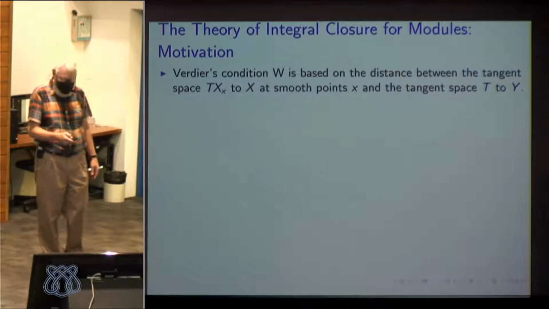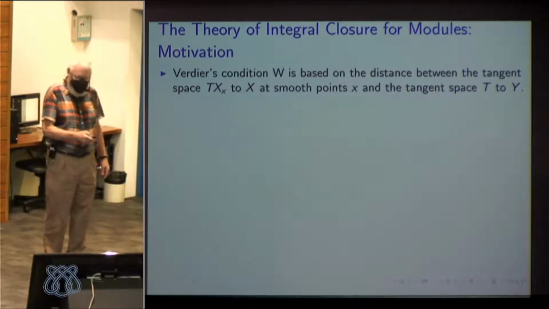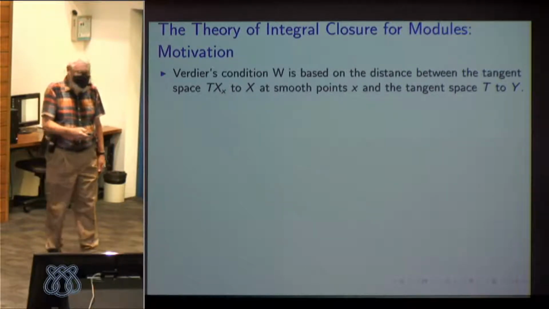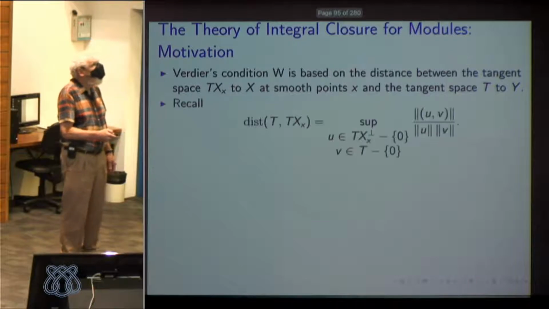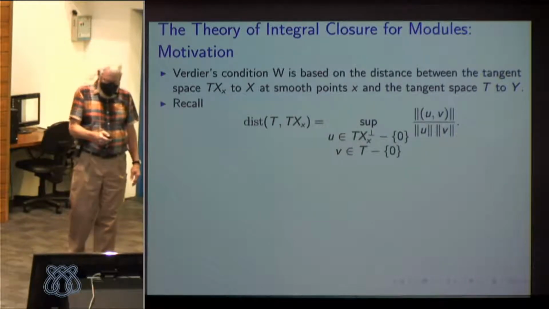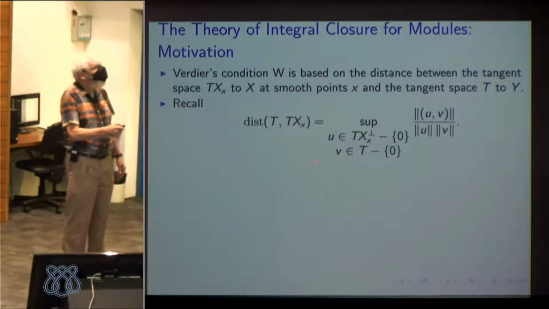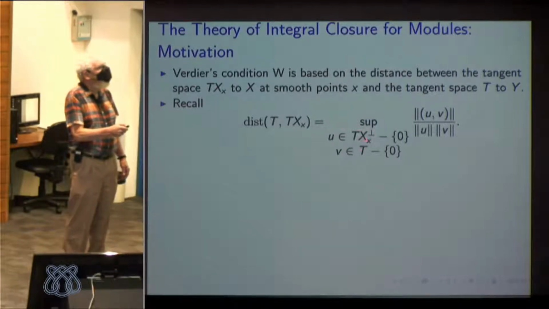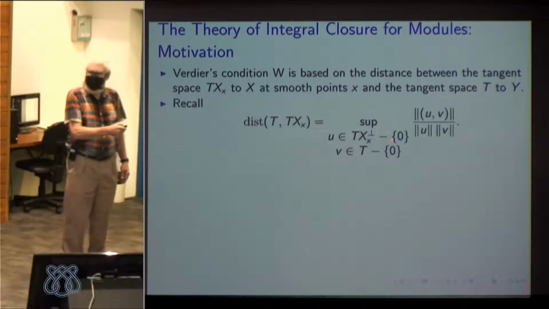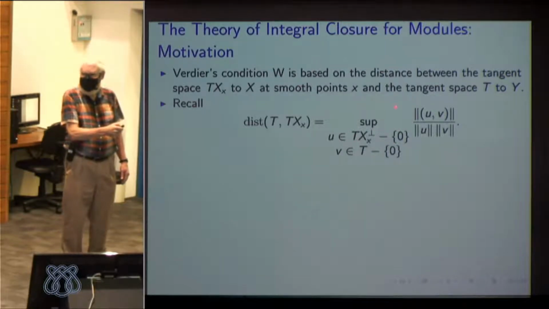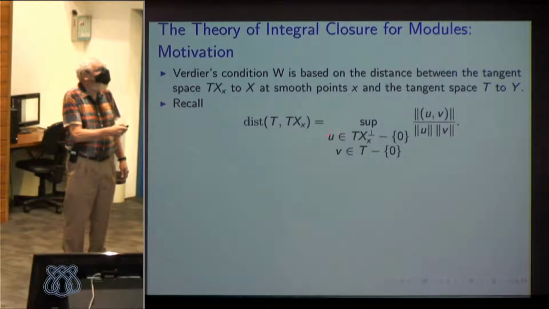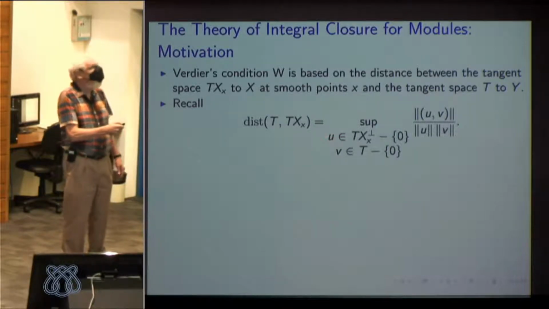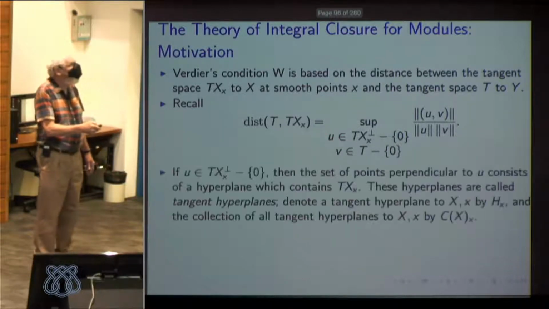Okay. Anyhow, here we're working with tangent spaces, but if we look at the distance formula more carefully, we see that this u, if it's any vector perpendicular to x, will define a hyperplane. If we look at all vectors that are perpendicular to this particular u, we will get a hyperplane out. So we can rethink the distance formula.